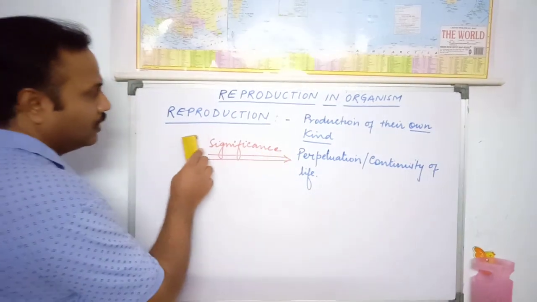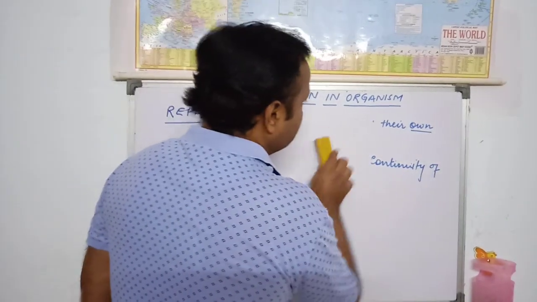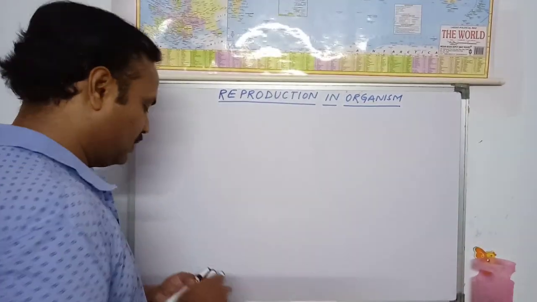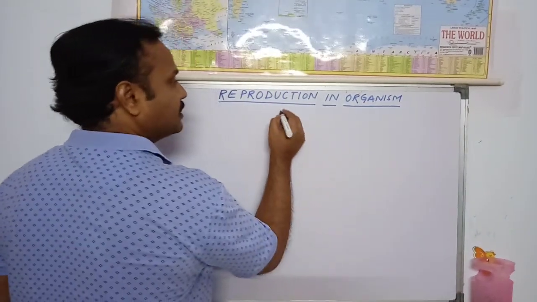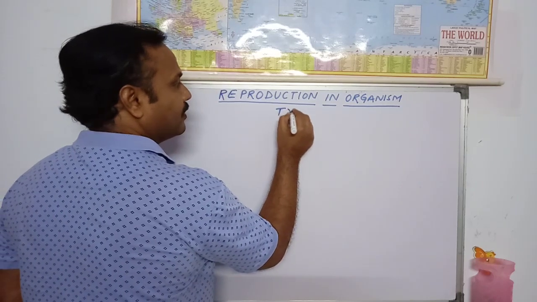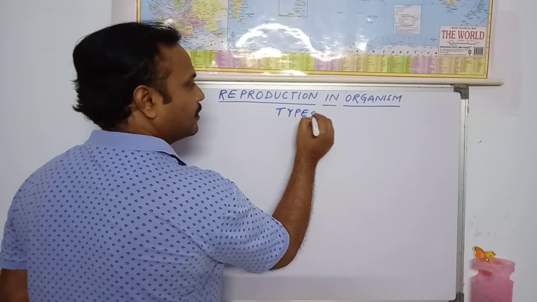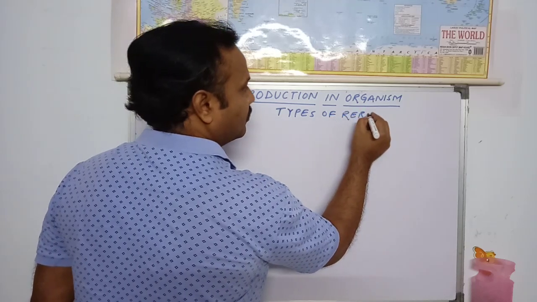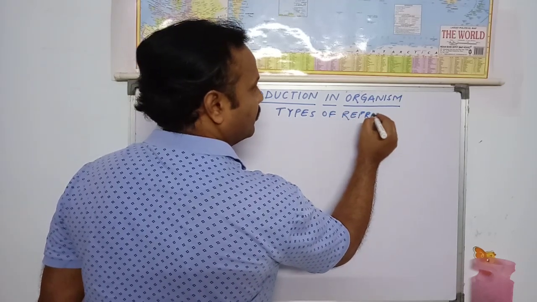Now, as far as the types of reproduction are concerned, there are two basic types of reproduction.